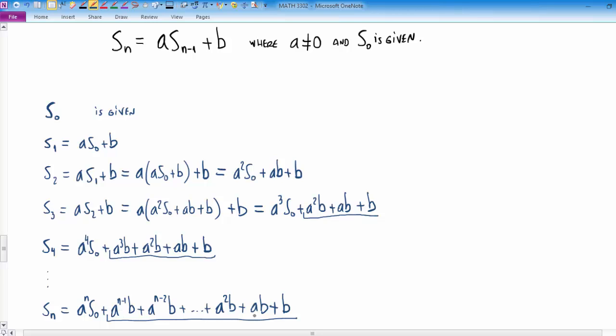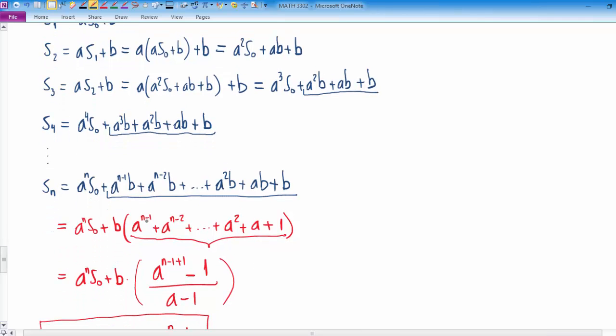Because of this pattern from the second term forward, we can apply the geometric finite sum formula. Here we factor B out, and here we have A to the n minus 1, plus A to the n minus 2, all the way down to 1. And according to the geometric finite sum, this is equal to that.